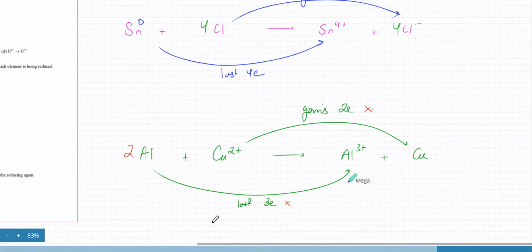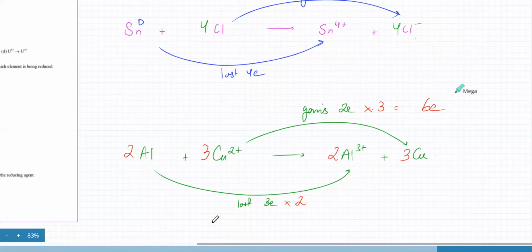So there should be two aluminiums, and if you have two aluminiums, the number of electrons lost would be six, right? And if you have three coppers, the number of electrons gained would also become six, right? So this is one very important point.